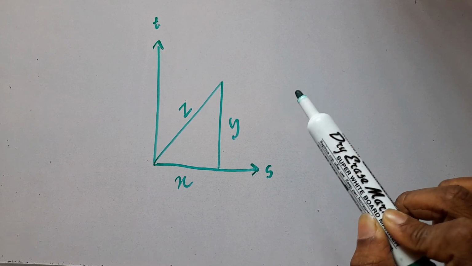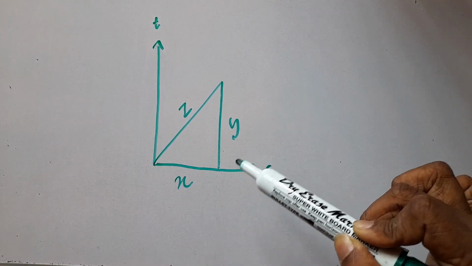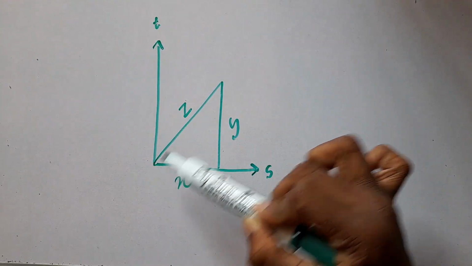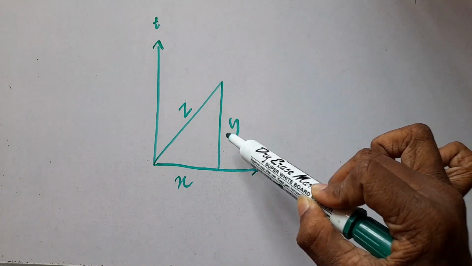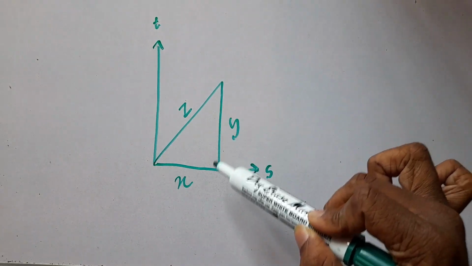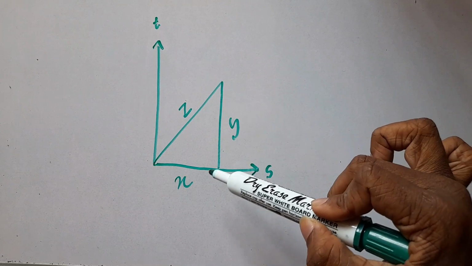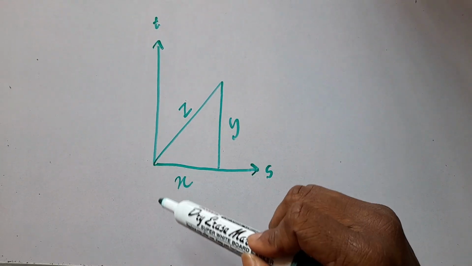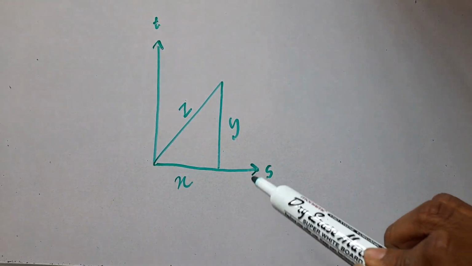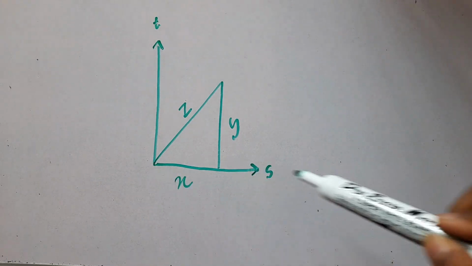But that's not the case in space-time. In space-time, the hypotenuse squared is equal to y squared, where y is the length of the side of the right-angled triangle that's aligned with the time dimension, minus x squared.